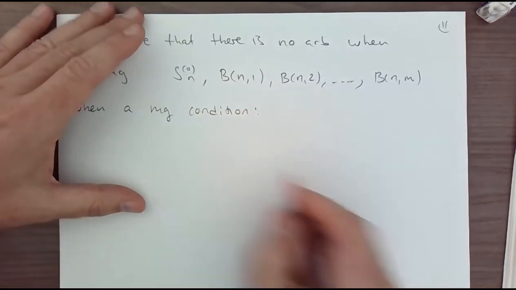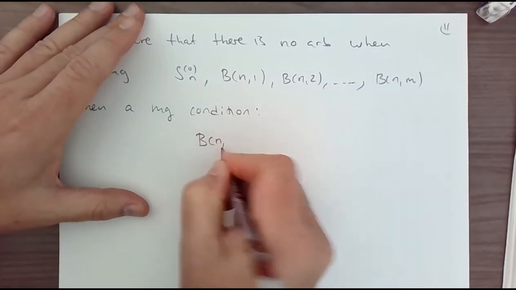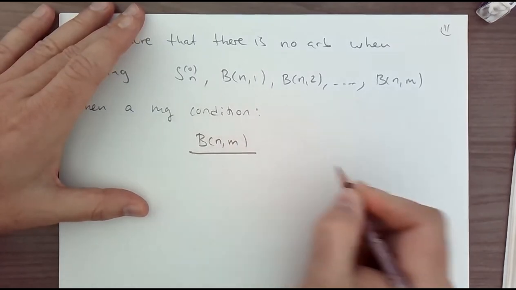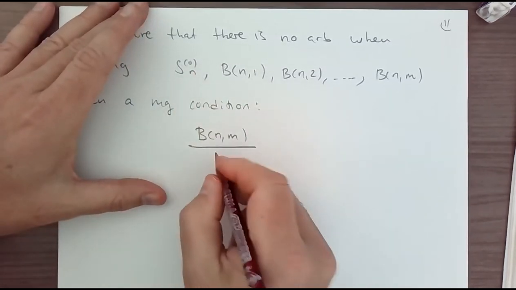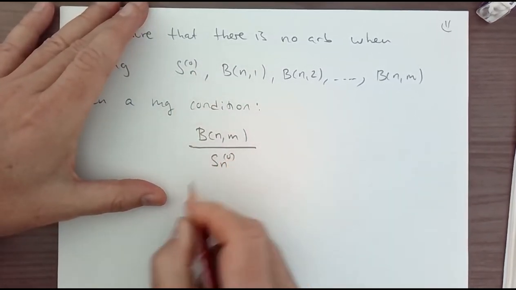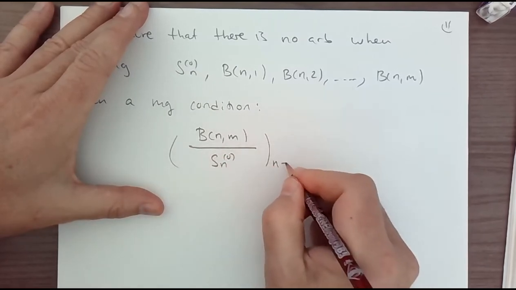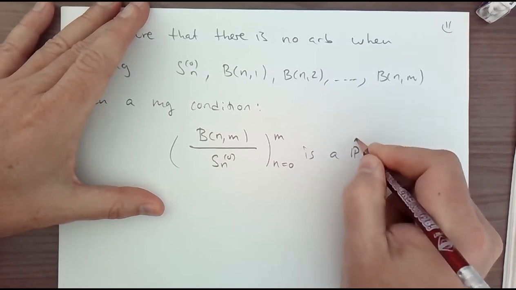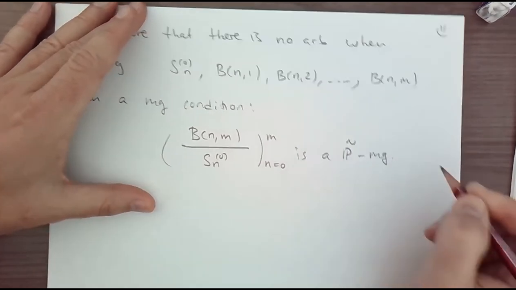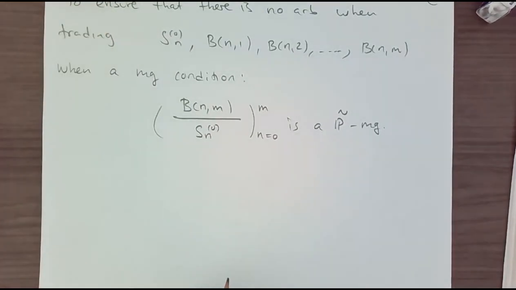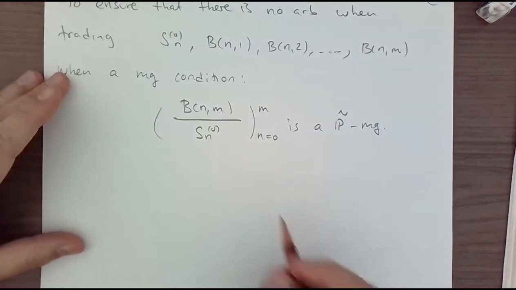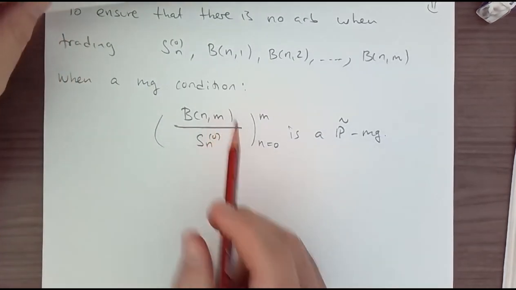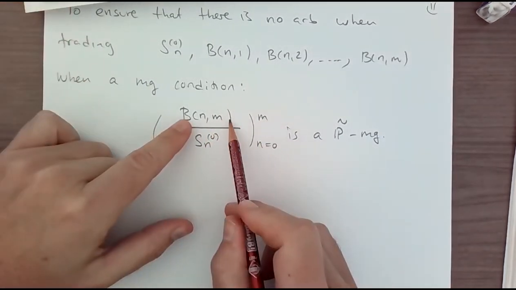What we need is that the zero coupon bond, when I discount it by the bank, is a P tilde martingale. When n is equal to m, I know there's a 1 up here.